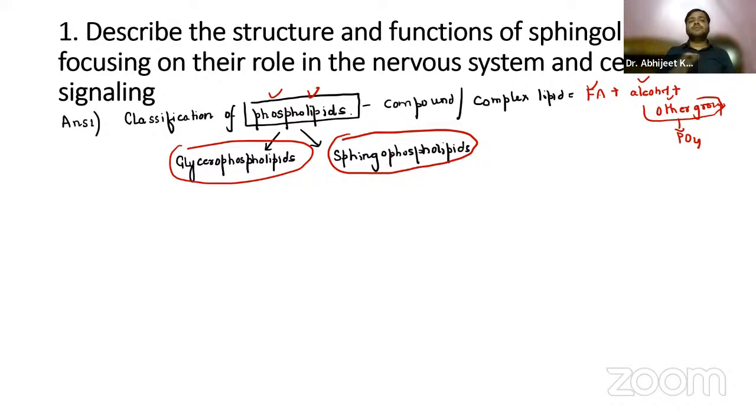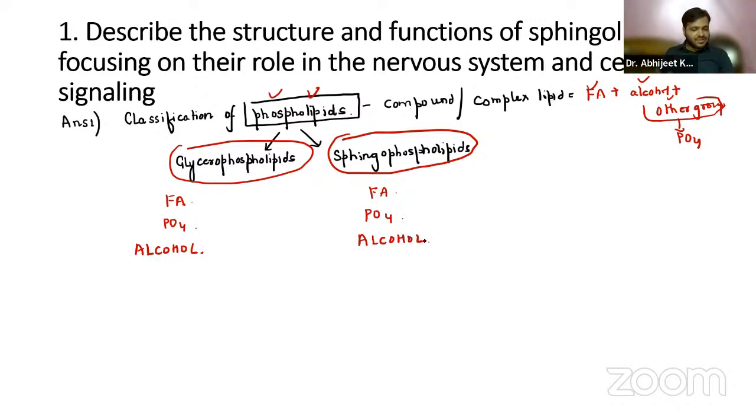Now, what is the difference between glycerophospholipids and sphingophospholipids? Guys, the fatty acid is the same, and the other group, phosphate, is also the same. Now, what is the difference between the two? It is the alcohol, guys. It is the alcohol over here which creates a difference between the two phospholipids.